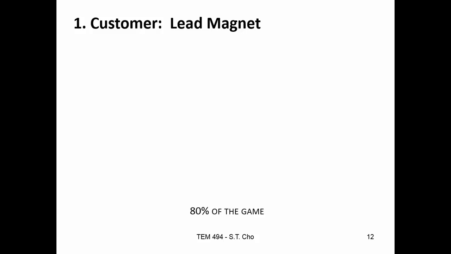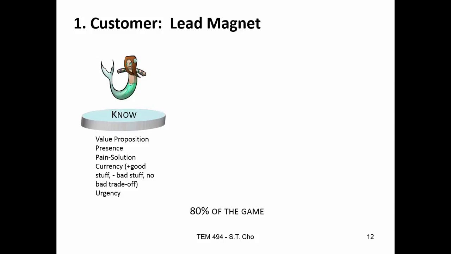And the first part is, how do we bring them in? And in order to bring them in, first of all, we need to know the customer. And we need to understand the value that we provide. When you look at a product, the value that you apply, for example, if there's a member in the class who's selling coral, the value isn't, oh, well, he gets to own some coral or part of the sea.